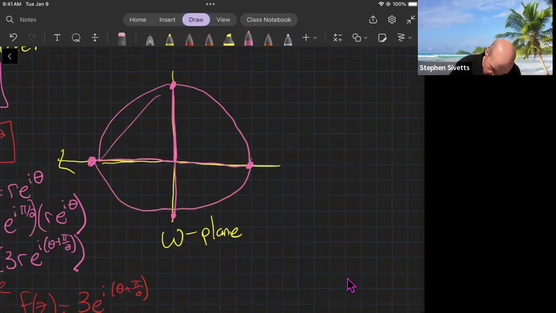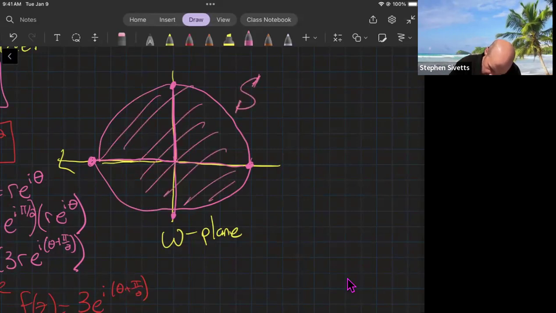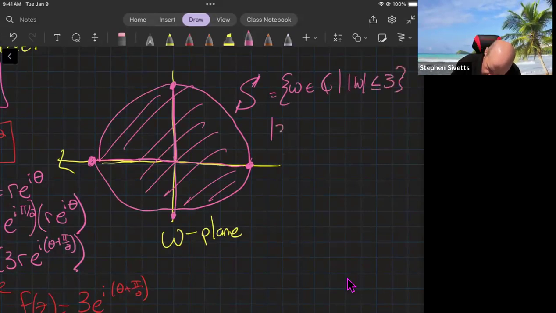And we want all the points inside the circle, so its image would be the points w such that the modulus of w is less than or equal to 3.